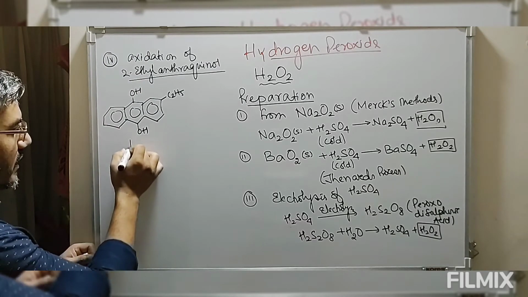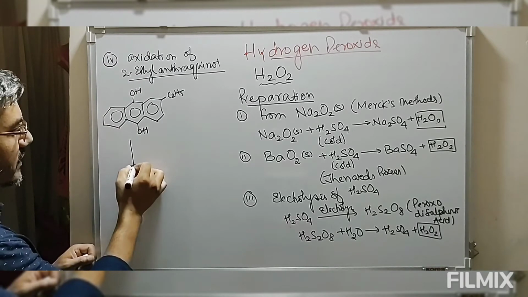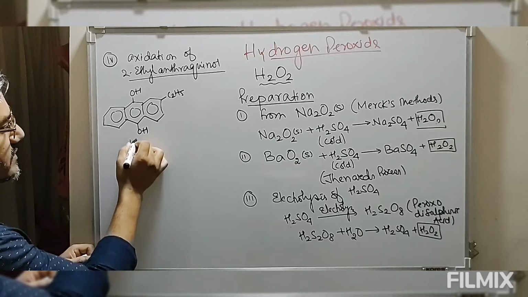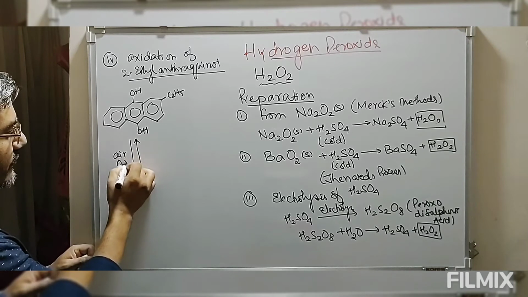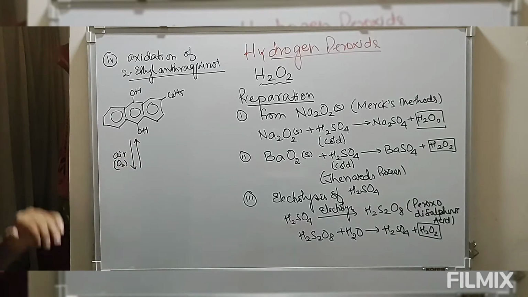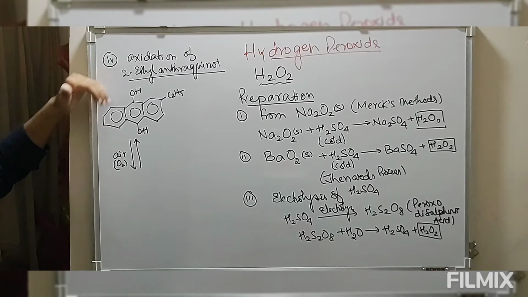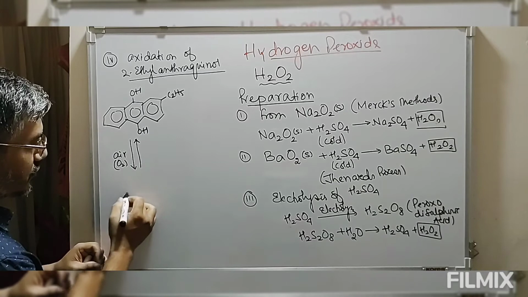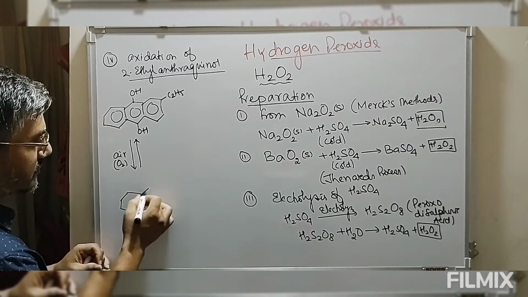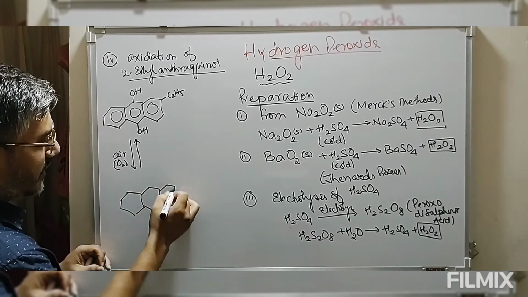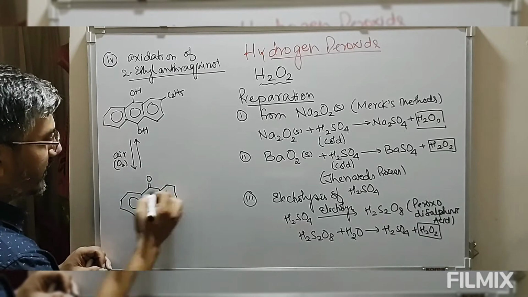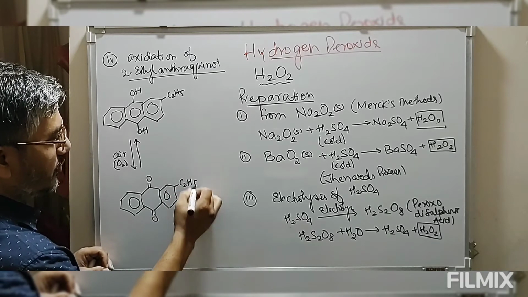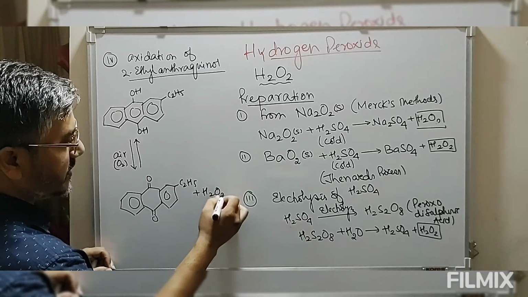Now this anthraquinol is oxidized in the presence of air. That is, we have oxygen present in the air. In the presence of this oxygen, that is aerial oxidation, it is oxidized to give anthraquinone, and hydrogen peroxide is formed. 2-ethyl anthraquinone plus hydrogen peroxide is formed.